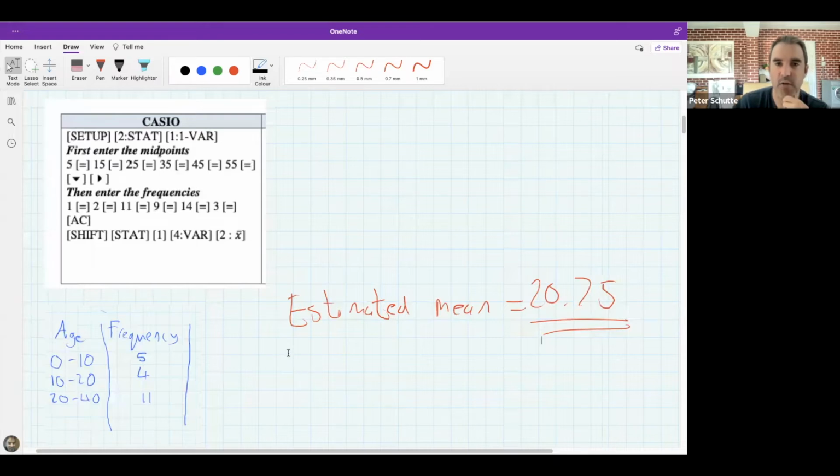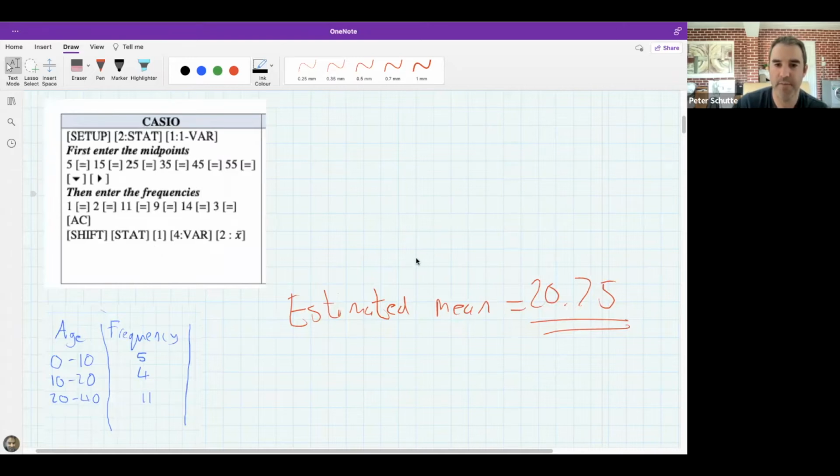Okay. Now, I can't see the participants. So let's try and unmute Kukle. Kukle, what's your question? Hi, sir. I just wanted to know, once we've already put in our data on the calculator, what do we press to get our estimated mean? You go Shift, AC, and then Shift Stat.